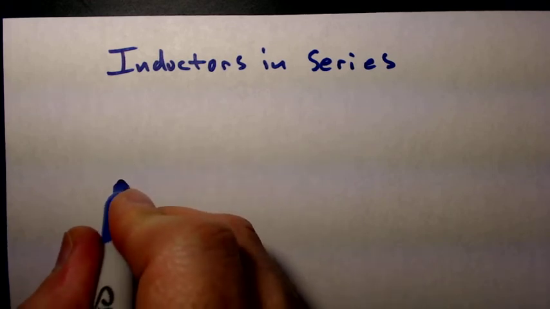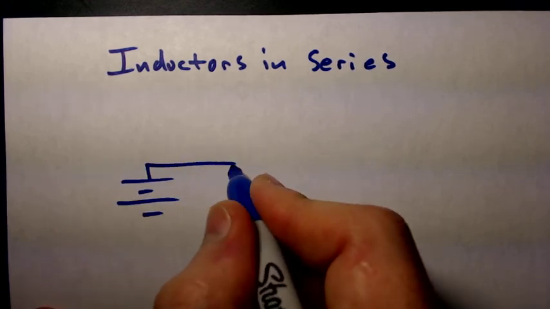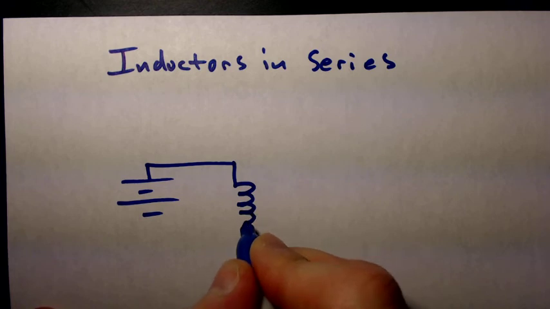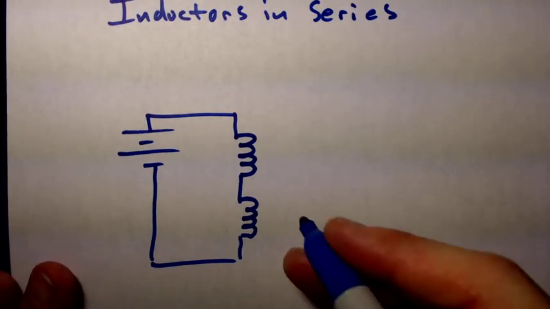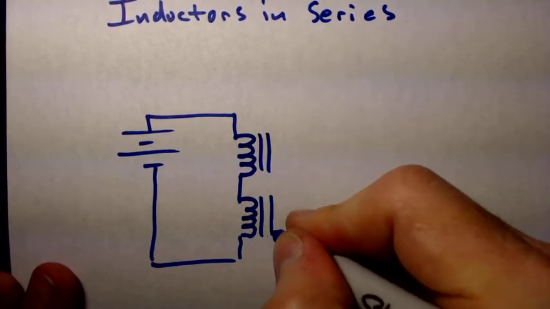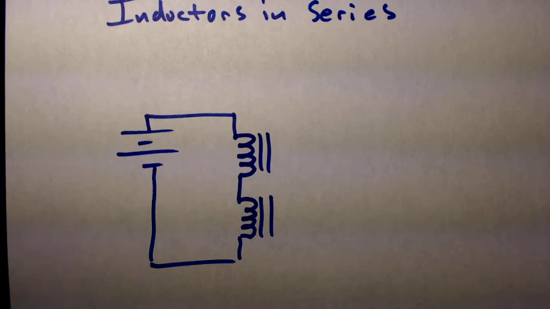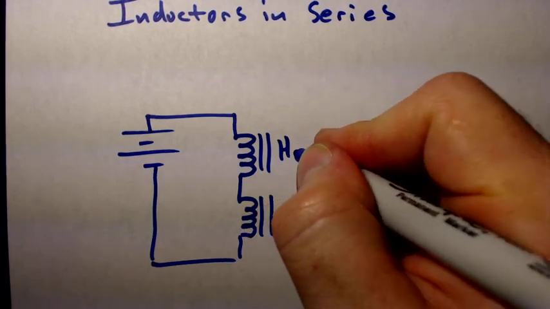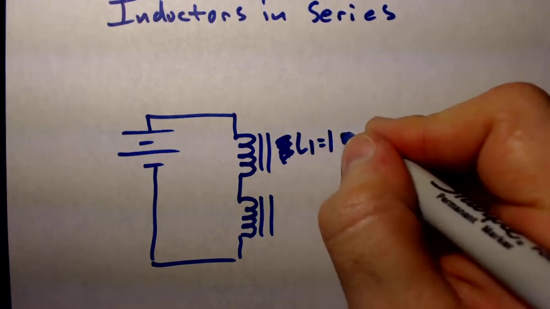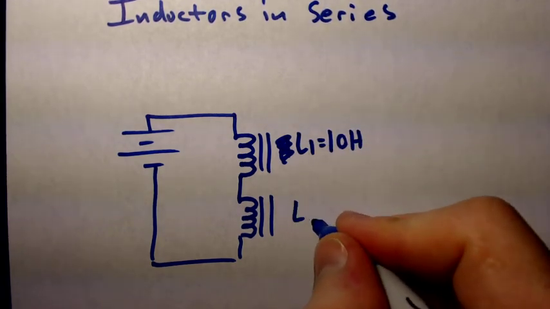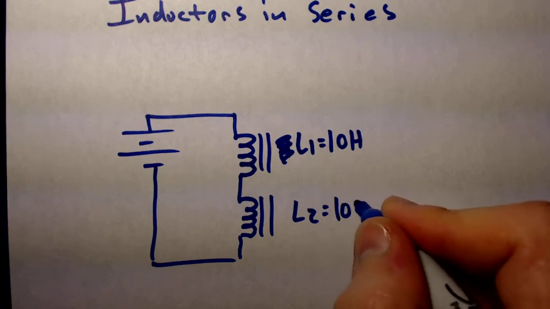So I'm going to take a couple of inductors. Let's make this fun. Let's make them iron core. Okay, let's say that L1 is equal to 10 henries and L2 is equal to 10 henries.